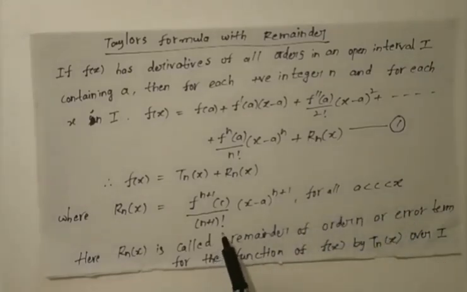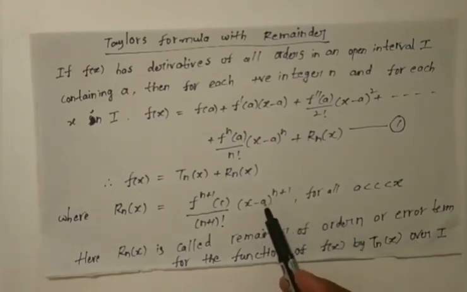So Rn of x is called the remainder of order n or error term for the function f of x by Tn of x over I. So here Rn of x is called the remainder of the Taylor series of order n. Just remember this statement. Okay, no problem.